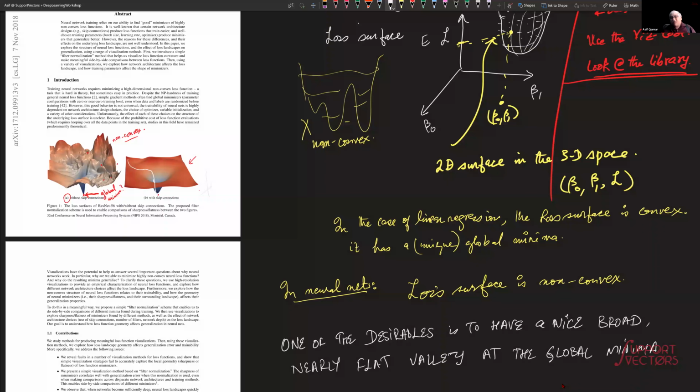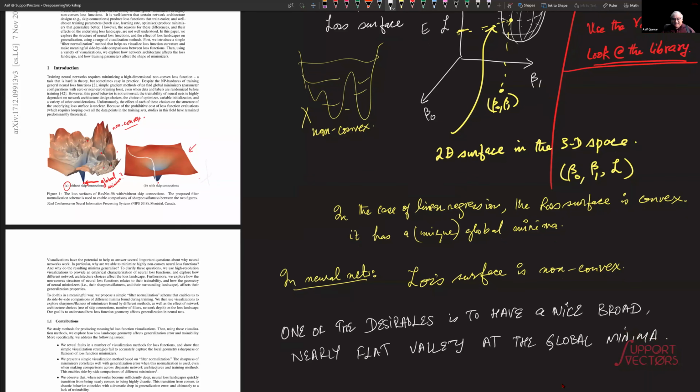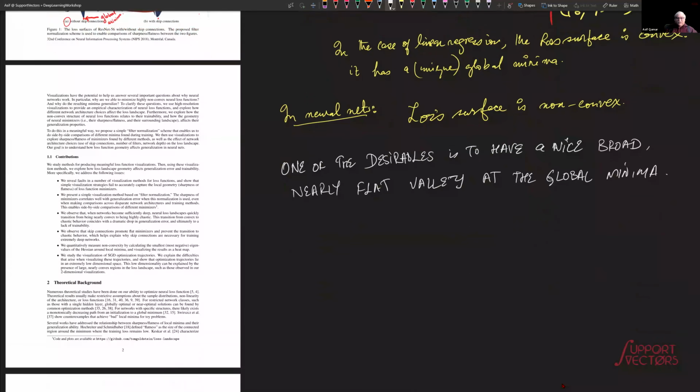The other thing you would want is close to the global minima. Let's look at one dimension. So suppose this is your local minima, and this is your global minima. This is your global, let us say global minimum. This is your local minimum.